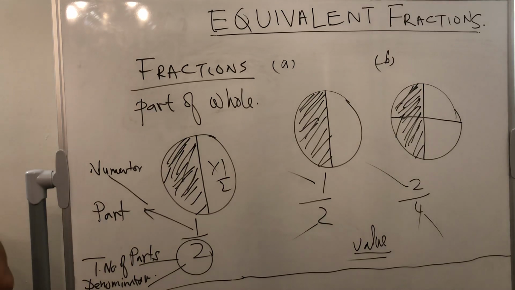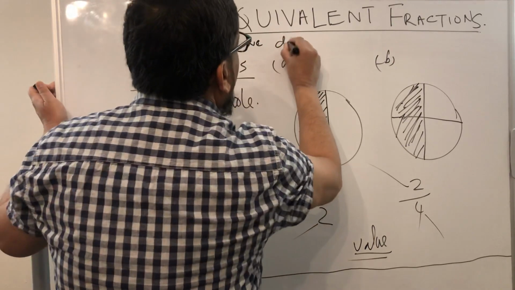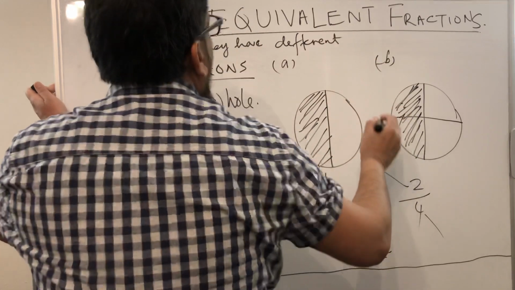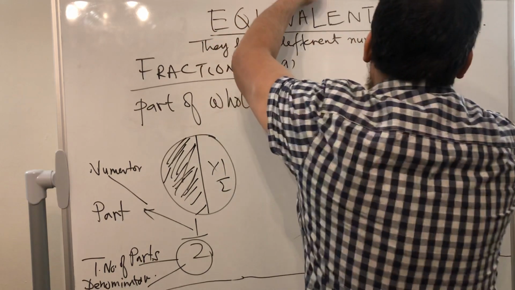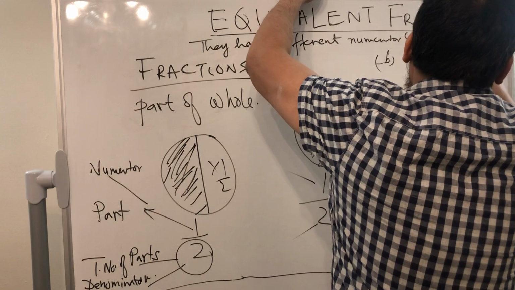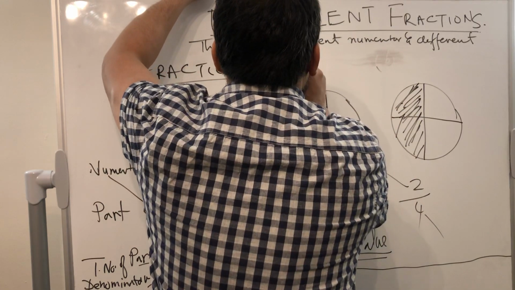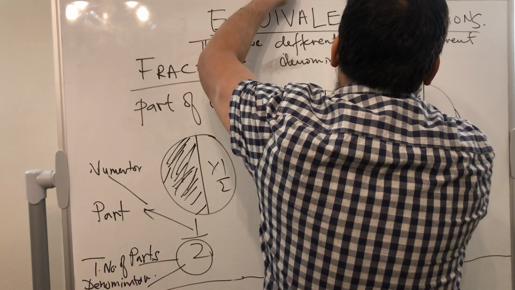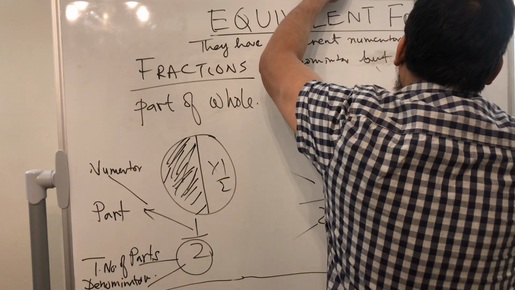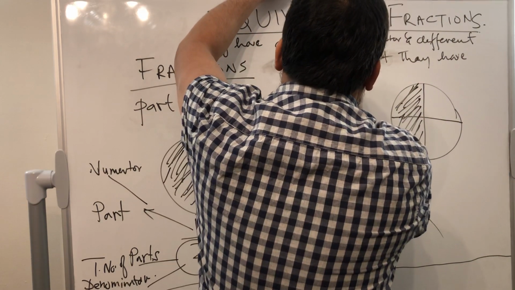So if I ask you what an equivalent fraction is, you can say they have different numerators and different denominators, but they have the same value.